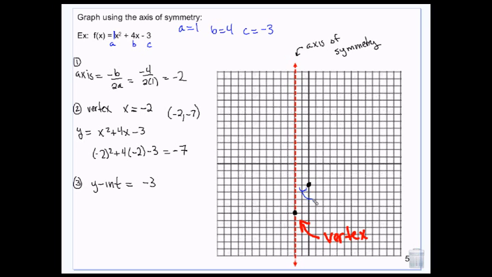Now, there are 2 spaces between this dot and the axis of symmetry. So I'm going to go 2 spaces over and make another dot.